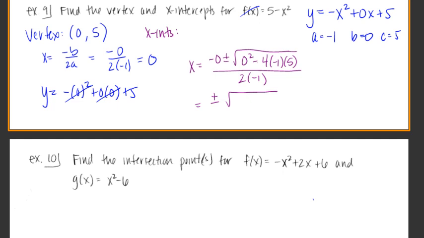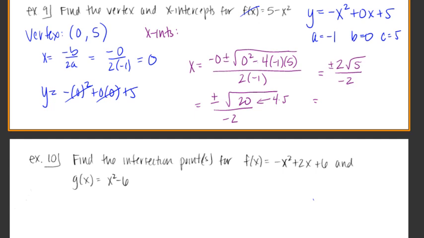And negative 4 times negative 1 is 4, times 5 is 20, all over negative 2. Okay, well I know that 20 right here is 4 times 5. The square root of 4 is 2. Square root of 5 I can't do, so I have to leave that inside, and then over negative 2. Don't forget my plus or minus there.